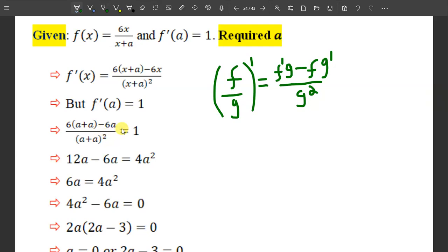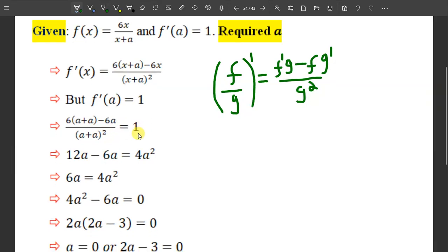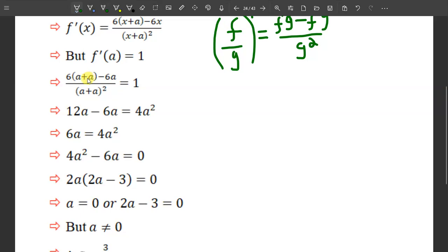Then this result is equal to 1. Now, a plus a is 2a. 2a multiplied by 6 is 12a. Minus 6a. And again, the denominator is a plus a the whole square, which becomes 2a the whole square, and 2a the whole square means 4a square.